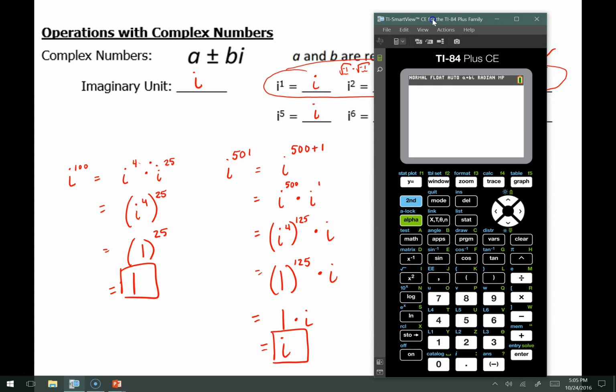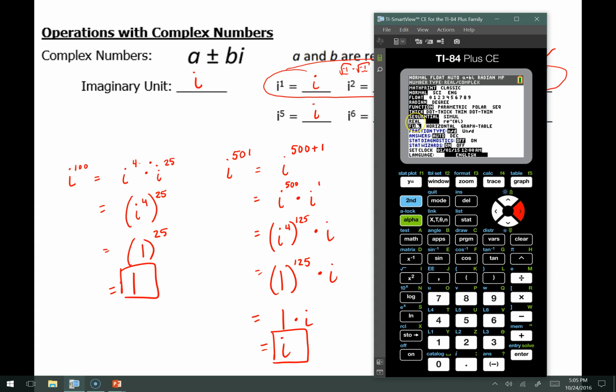On your calculator, hit the mode button, and you'll see an option down here where it says real and a plus bi. From this point forward in Algebra 2, you need to change your calculator to the complex number system, or a plus bi, the imaginary mode, every time you use your calculator, so that it allows us to work with imaginary numbers.